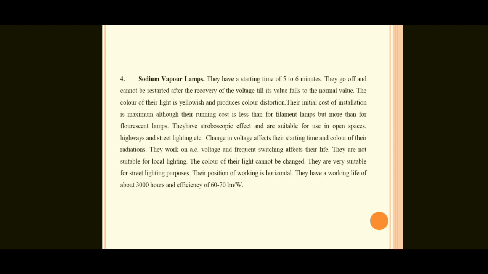But in the case of incandescent lamps, there is no stroboscopic effect, so we can use them anywhere, in domestic applications. But in the case of mercury vapor lamps, the stroboscopic effect is present, so we have to use them in open yards like parks, street lighting, highway lighting, etc.